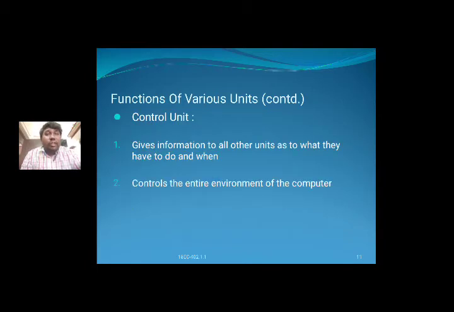And the control unit gives information to all other units as to what they have to do and when, and controls the entire environment of the computer. These are the important points about the control unit. This is done by issuing the appropriate control signals to the various units.